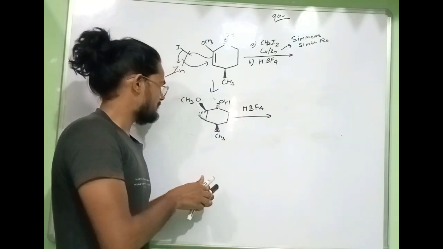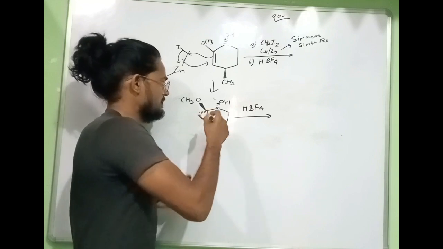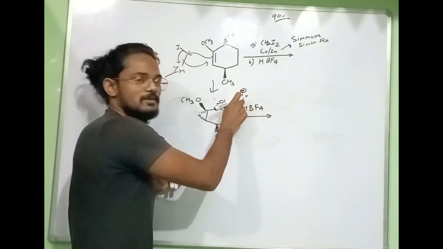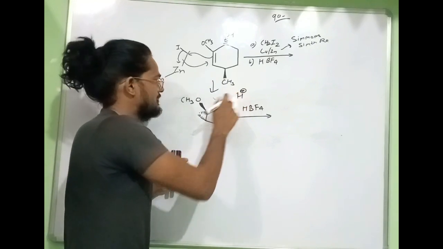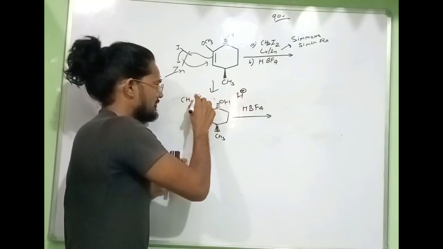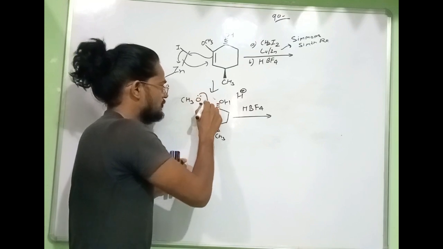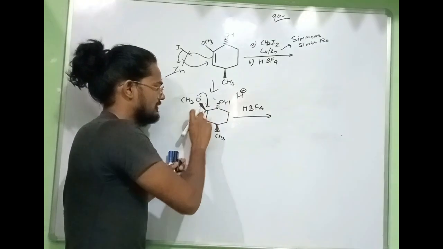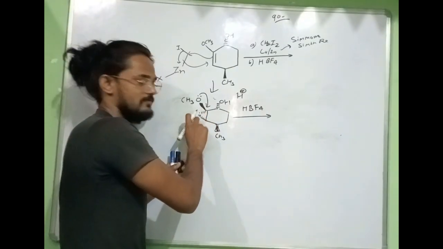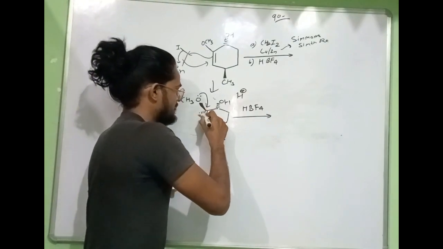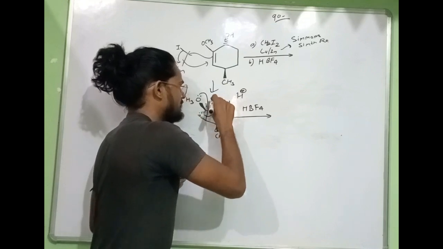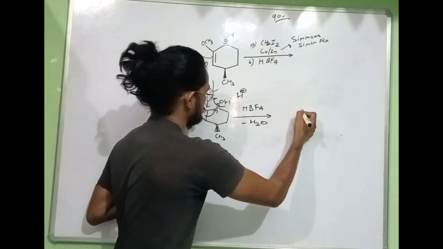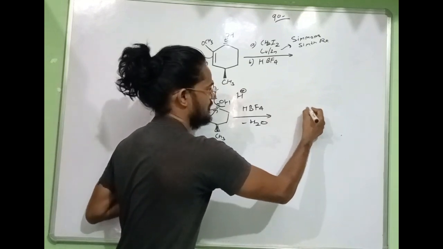So here, you see, this gives the proton. And the other one has a lone pair, so you can see there, and here there is ring strain. This bond over here attacks, minus H2O, and then we will get a 5-membered ring.